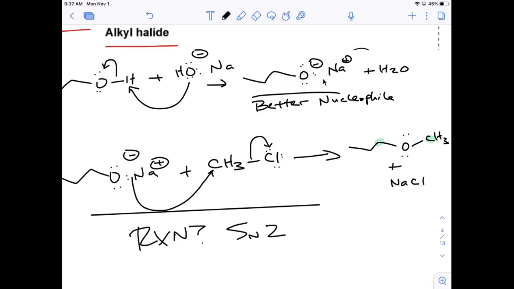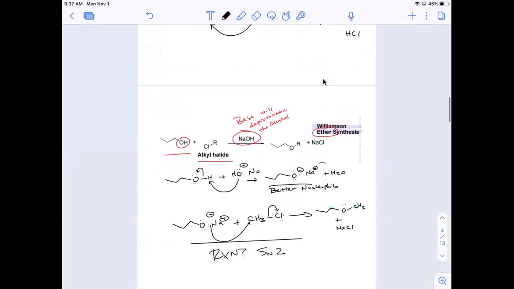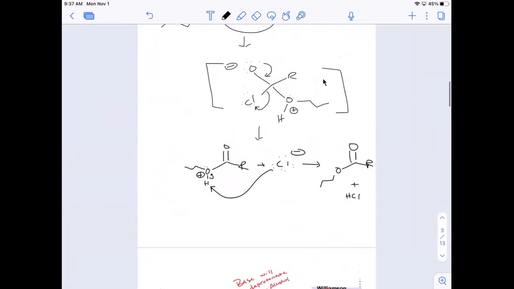All right. So as far as the reactions of alcohols are concerned, the three main reactions that we care about, and there are loads of reactions out there, it's not just these three, but these are the ones that we're focusing on. We have ester synthesis, which can happen two ways.